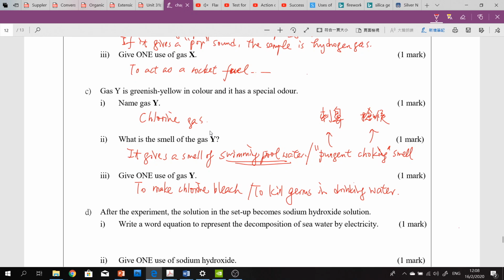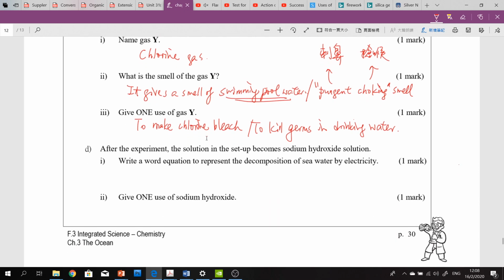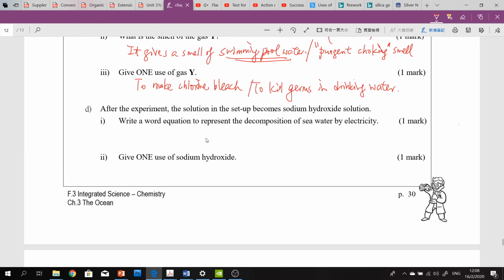Now, part D. After the experiment, the solution in the setup becomes sodium hydroxide solution. Write the word equation to represent the decomposition of the seawater by electricity. So this is saturated sodium chloride solution, and apply electricity. What will be formed?